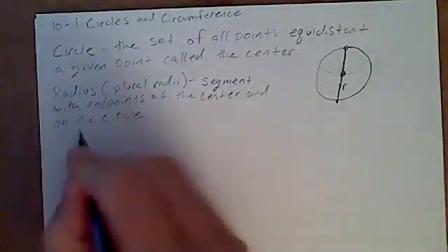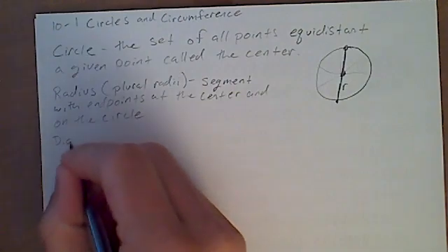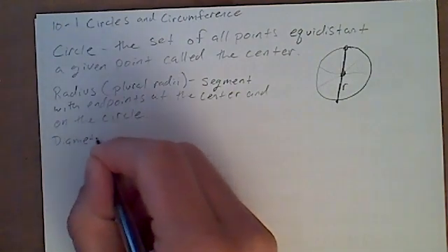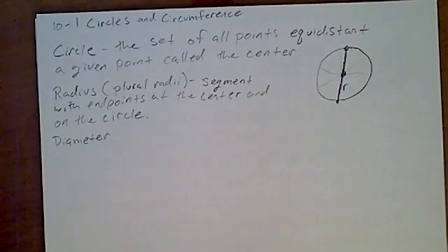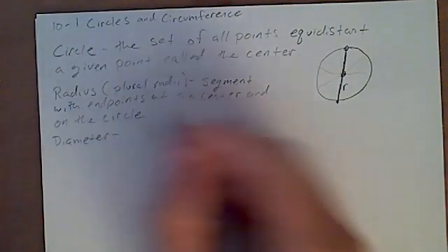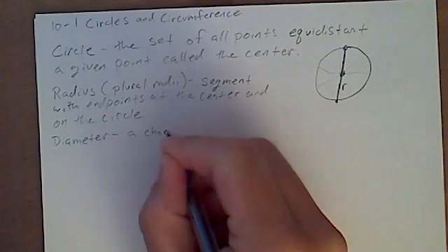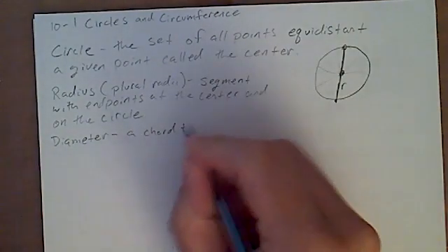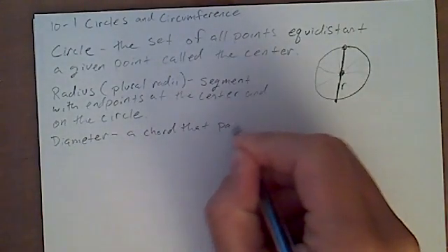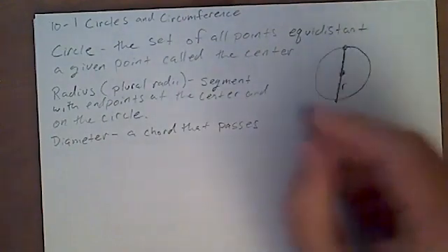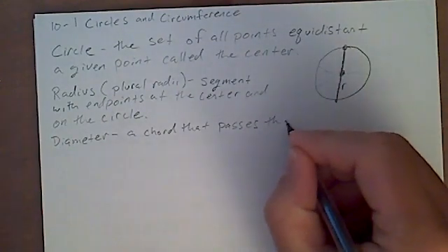Well, this would be called a diameter. This is a chord that passes through the center of the circle.